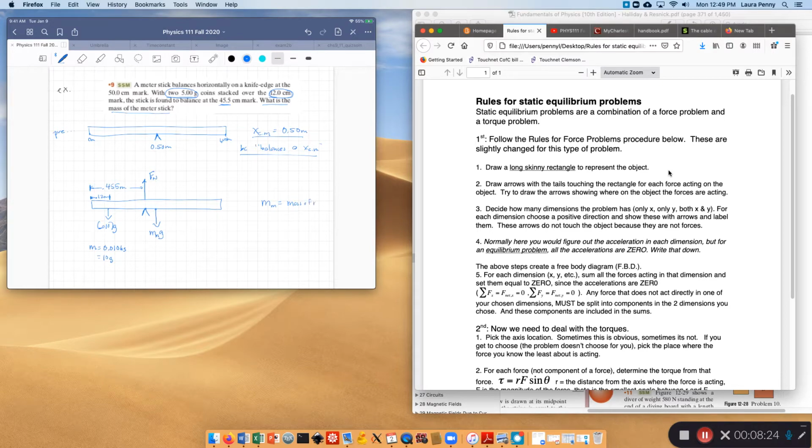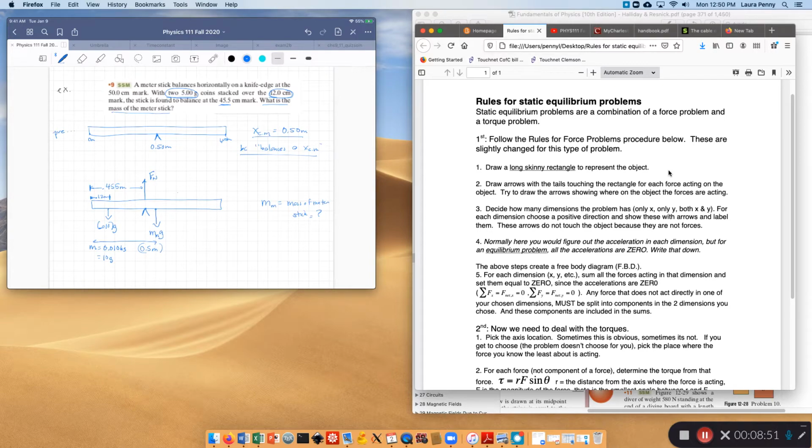And this is what I'm actually trying to find. And again, this occurs at half a meter away, right? I'm running out of space. But from here to here, that's half a meter. And I'm trying to find the mass of the meter stick.